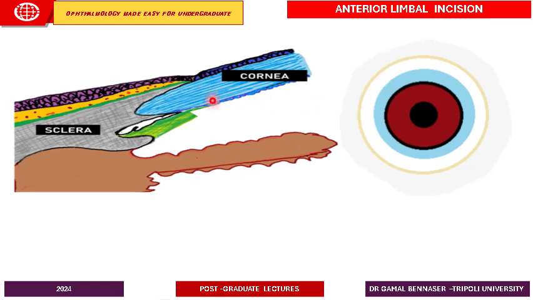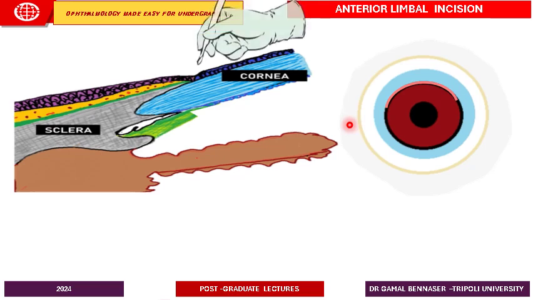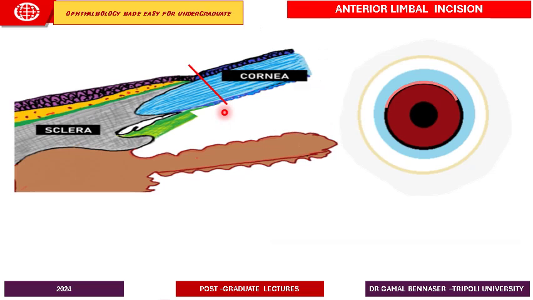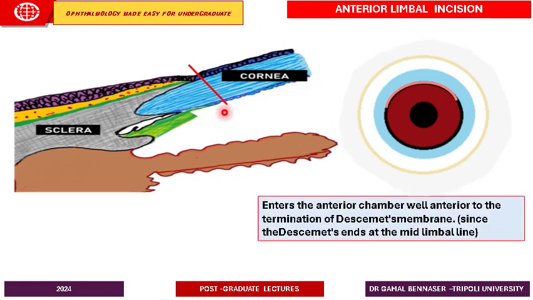So if we make an incision here, the line will pass through the termination of the Bowman's layer, and it will cut the Descemet's membrane. With this type of incision you will enter the anterior chamber directly, but there is a risk and a chance of inducing a Descemet's membrane detachment.